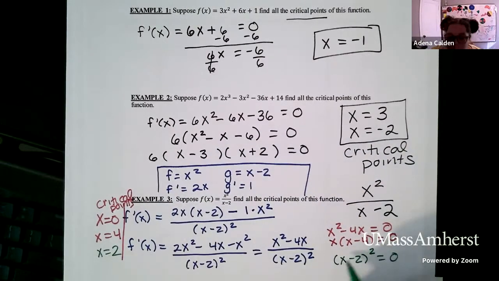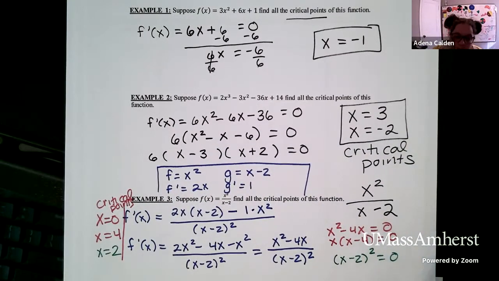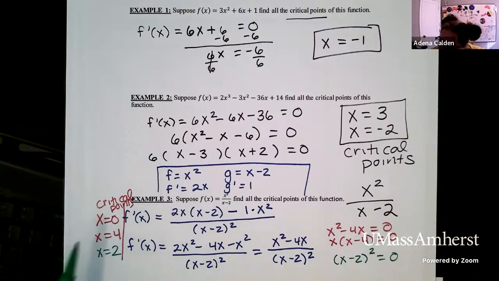If x equals 2, this becomes 0, and 0 squared is 0. So x equals 2 is also a critical point. This function has three critical points: 0, 4, and 2. 0 and 4 came from the numerator equaling 0, and x equals 2 came about because that's where this derivative is undefined.